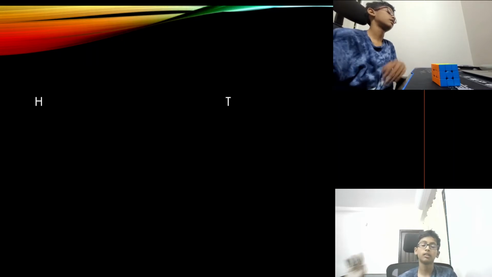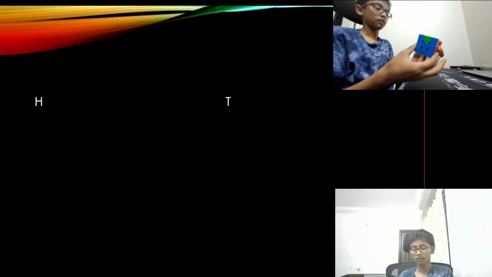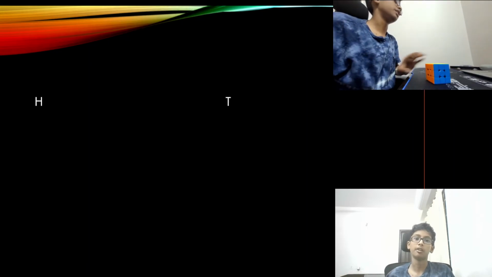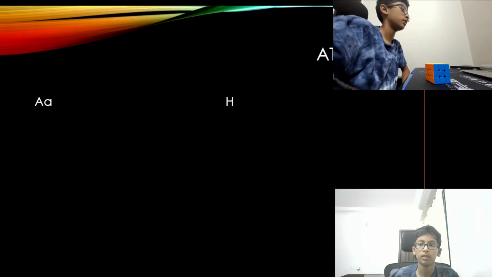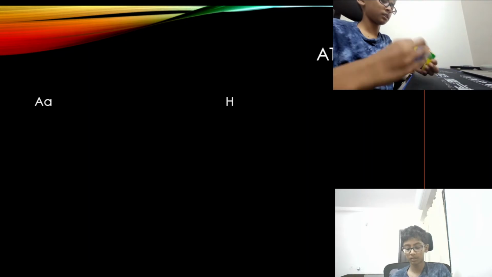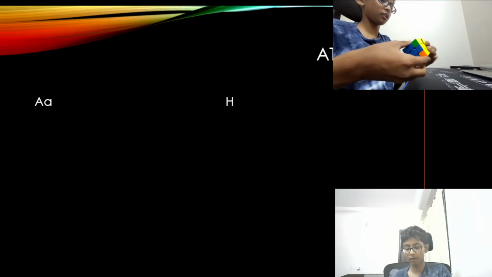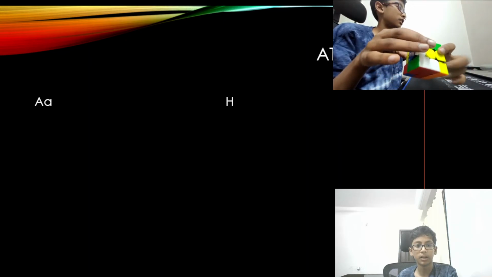Also, the finger trick is much easier on H than T. T takes a lot of practice to get the finger trick right. H perm doesn't really need a lot of practice to become very fast. So that's my verdict. At last, we have AA and H. Honestly, they're both very good algorithms, but the thing is, AA can lock up, especially if you miss this D turn right here.